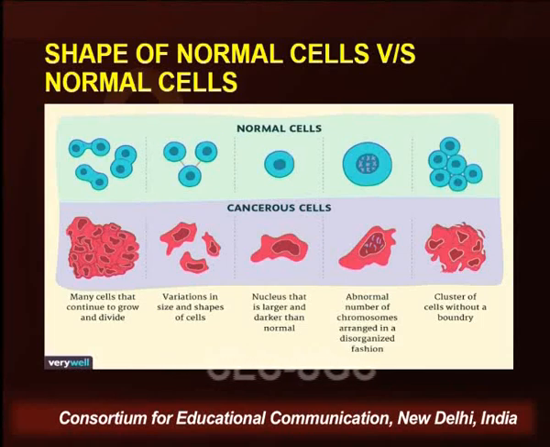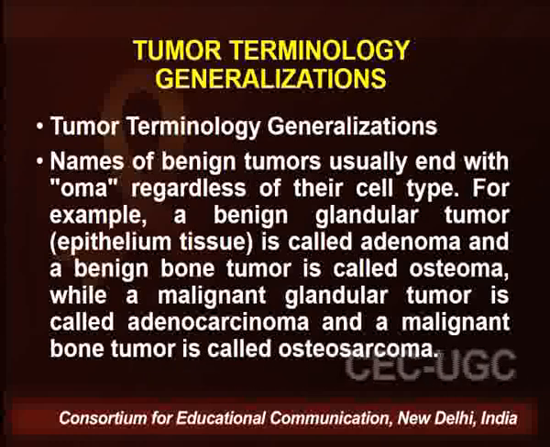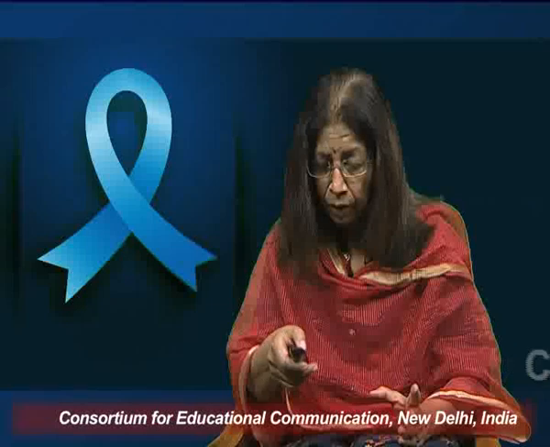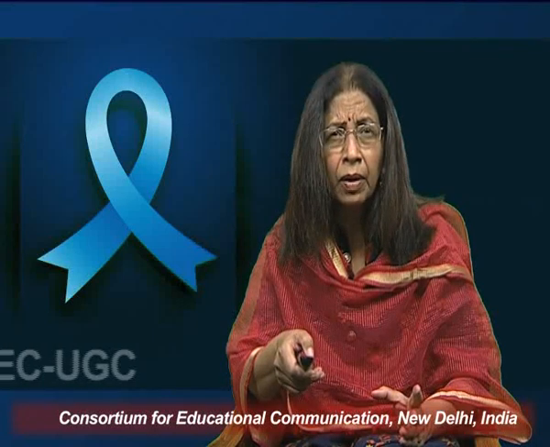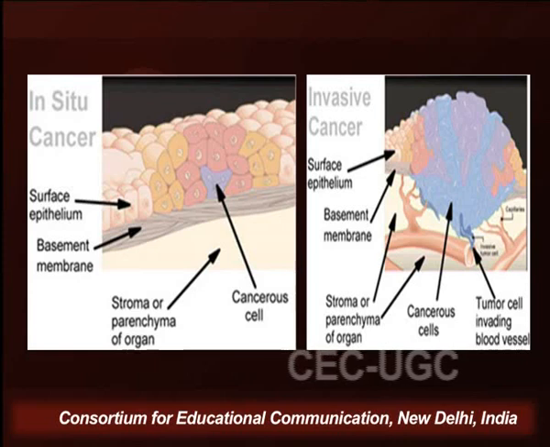Similarly, slowly you will see claw-like extensions and clusters of cells without any boundary. So on the basis of this you can see other pictures of the cancer cells.